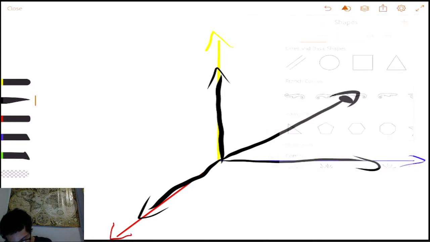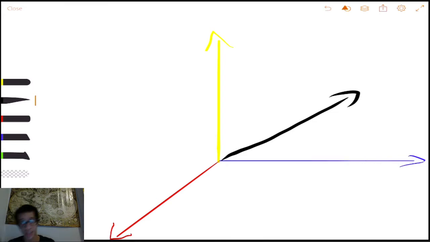So instead of calling them axes, we would call them basis vectors, because like an axis, any point in a coordinate space can be represented by a number on each of the axes, a combination of numbers along those axes. Well, any vector in a vector space can be represented as a combination of the basis vectors. And this black one that I've drawn here is going to be psi.